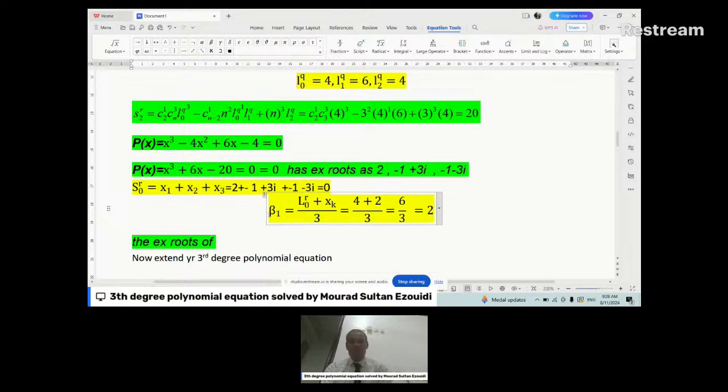This is the first root. The second root, learners, is that.